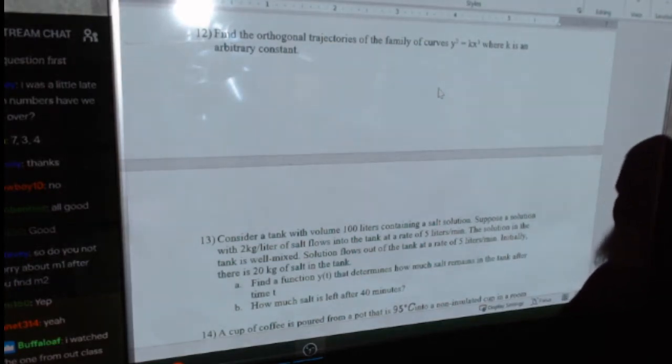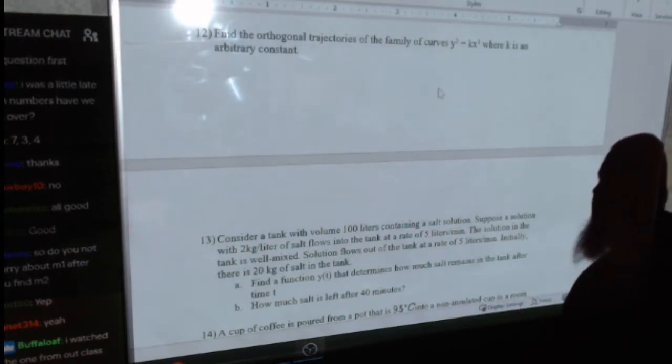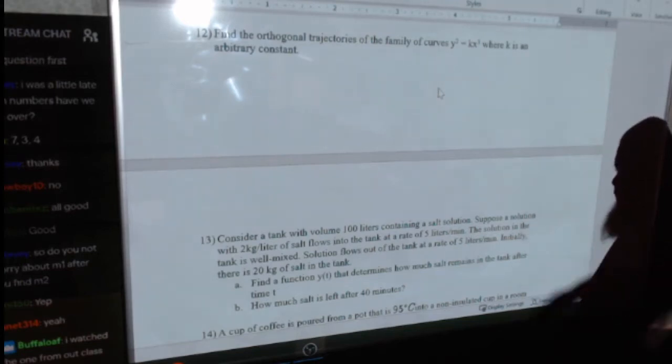Okay. What else did you guys want to see? So far, it looks like we've done 3, 4, 7, and 12. I told you that you could exclude 13.